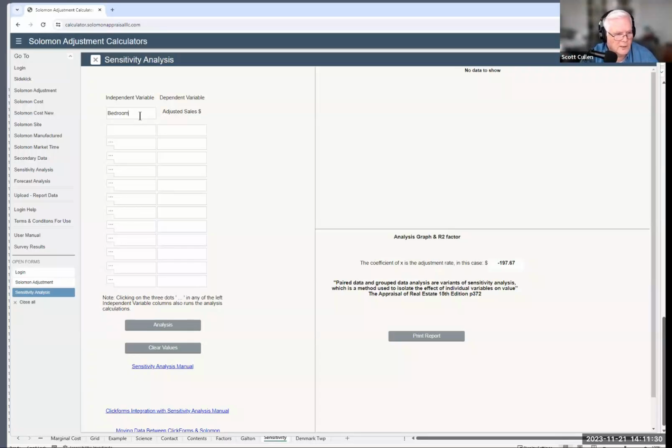So let's look at a bedroom count adjustment. Let's assume that we have a 4-bedroom house and the adjusted sale price is $400,000. And we've got a 5-bedroom house and the adjusted sale price is $402,000.